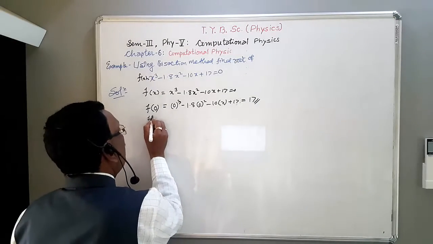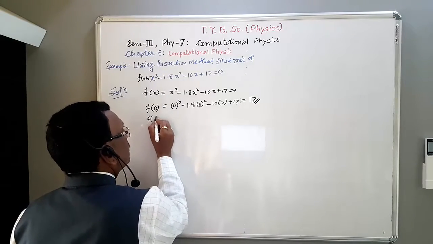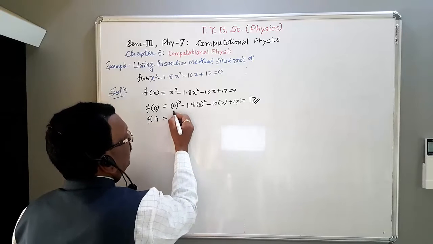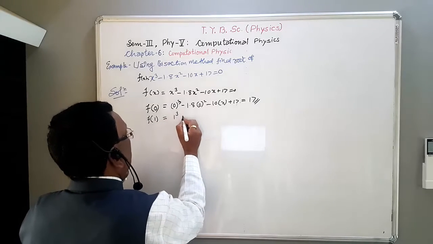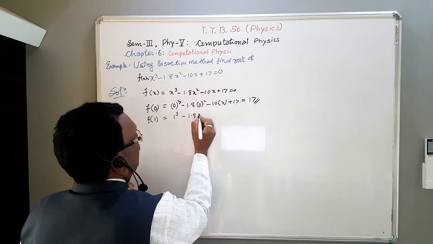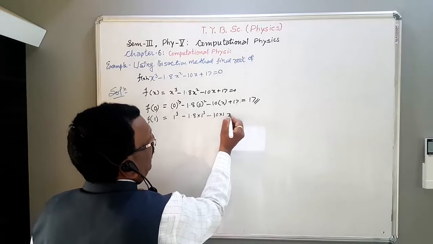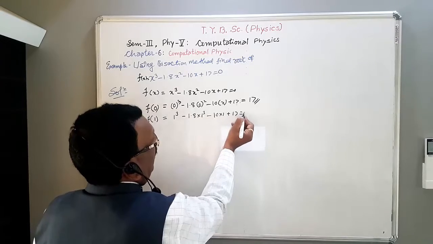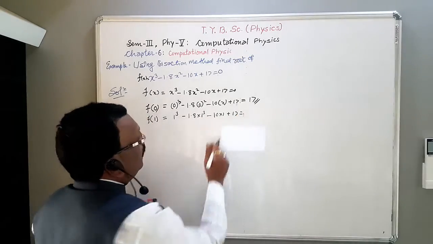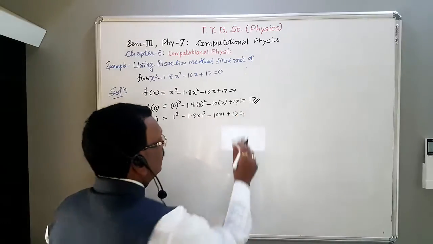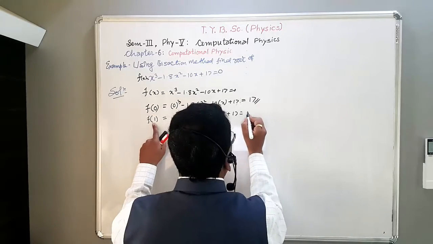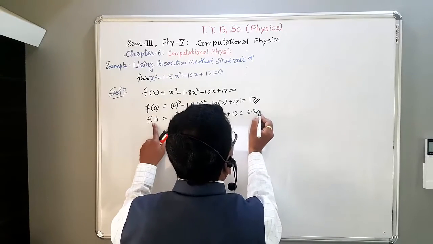If we substitute the value of x equal to 1, then we get 1 cube minus 1.8 into 1 cube minus 10 into 1 plus 20, and after solving this we get the value of f of 1 is equal to 6.2.